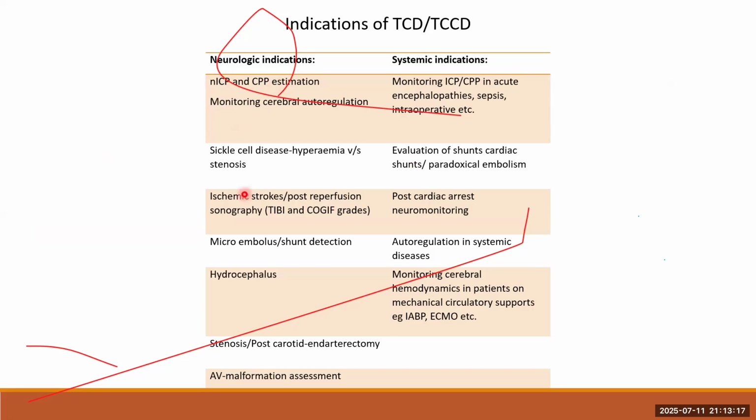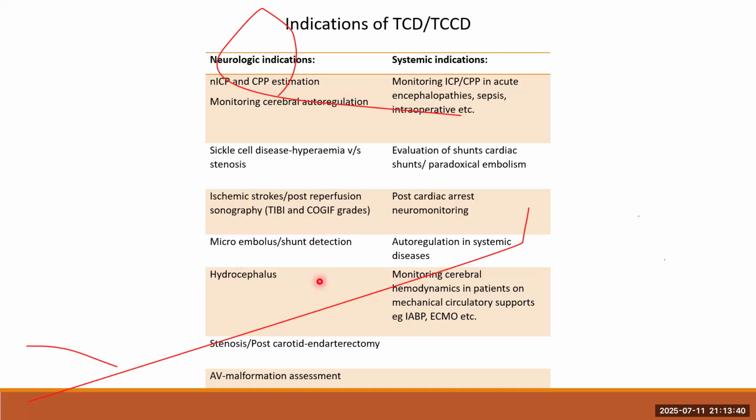Monitoring cerebral autoregulation, this is a whole new domain by itself. Sickle cell disease, differentiating stenosis and hyperemia. Ischemic strokes, there is something called TICI and TIBI grades, which is very important post thrombolysis and post mechanical thrombectomy. Post mechanical thrombectomy, I had put up an image where M1 had higher velocities and M2 had lower velocities. It was TIBI 3.